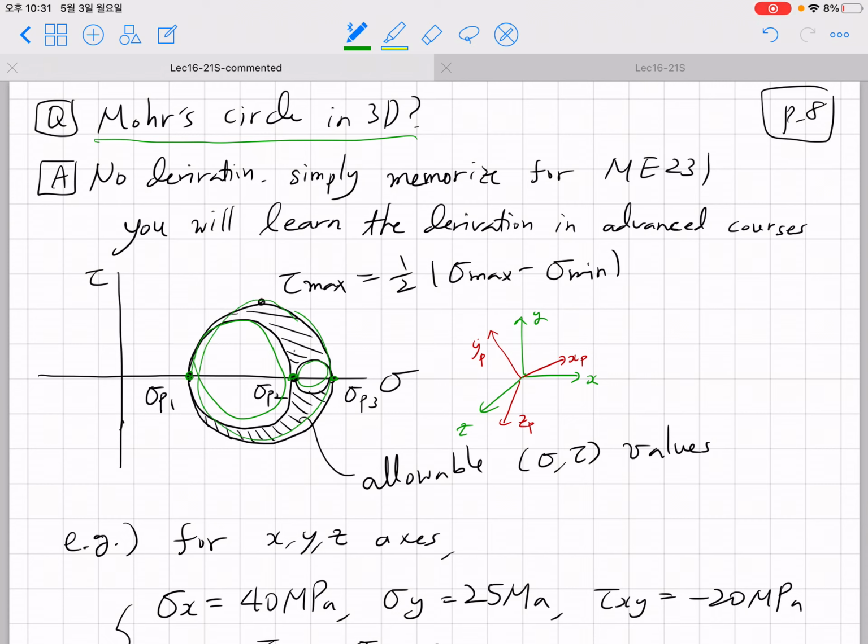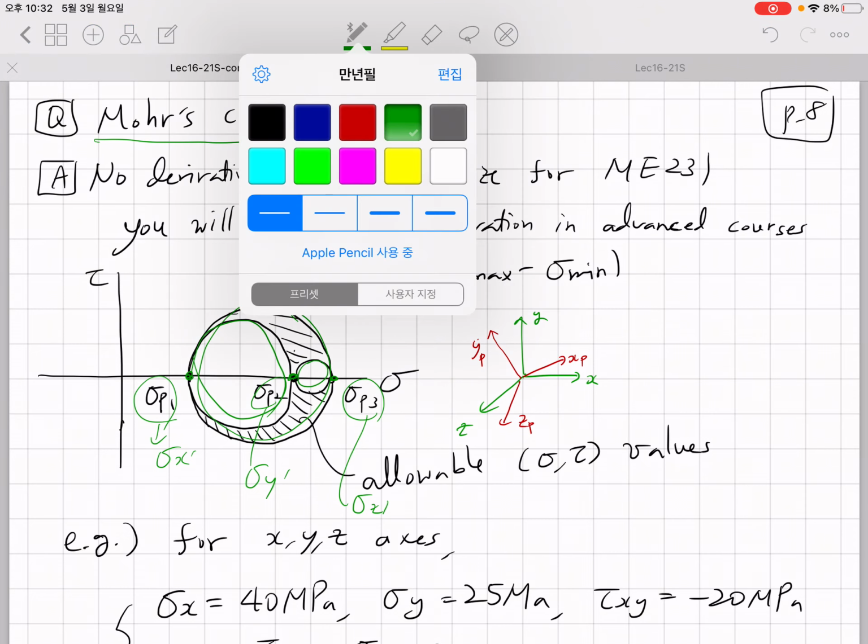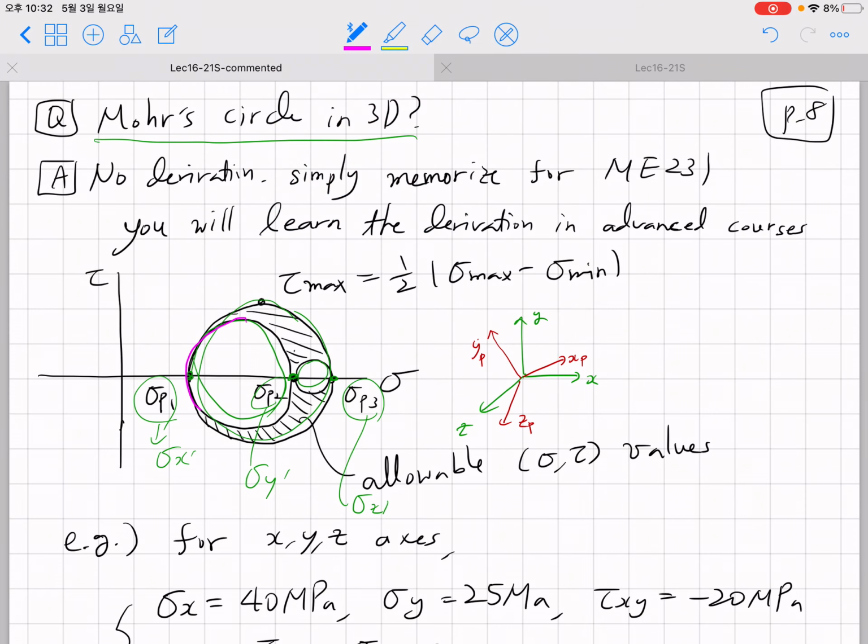Here the meaning of the circle is quite clear. Suppose that this is sigma x prime, this is sigma y prime, and this is sigma z prime. The first circle, which passes through sigma x prime and sigma y prime, is a rotation about the z prime axis.